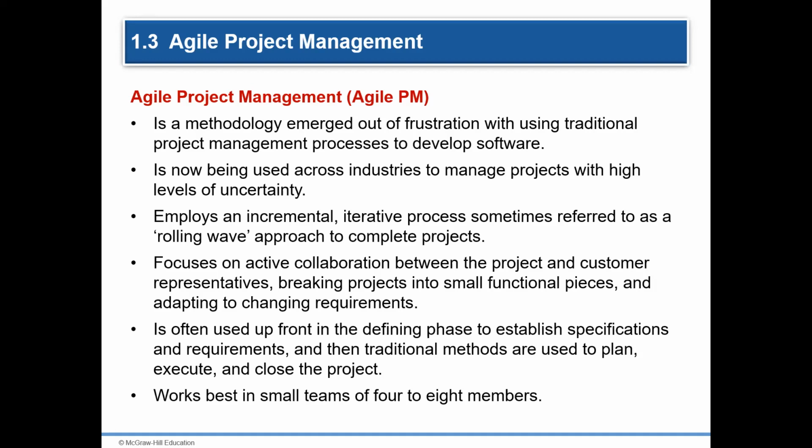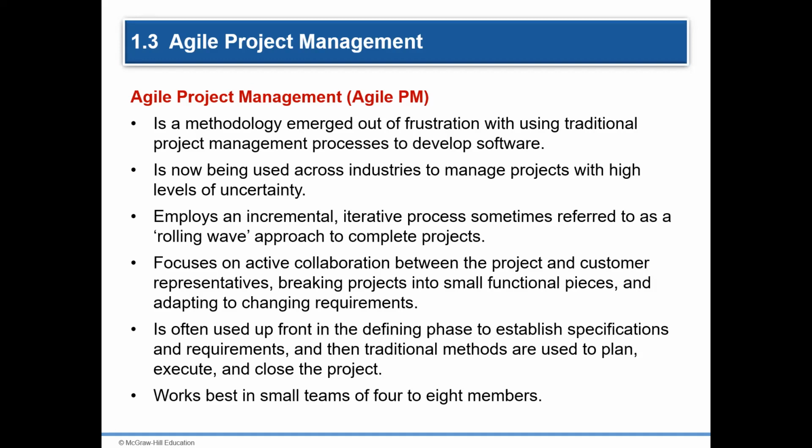So what occurs a lot of times is that people are implementing Agile projects, and Agile projects are incremental, iterative processes that sometimes refer to a rolling wave approach to complete a project. It focuses on collaborating between the project and the customer representatives, stakeholders, breaking the project into smaller functional pieces and adapting to change requirements, right?